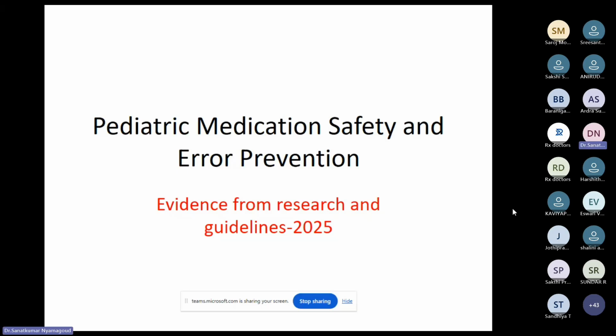Whatever I am presenting to you today is all about the evidence and research available till now in the national guidelines from all over the globe. The whole presentation covers the evidence available to us and the guidelines available throughout the world regarding pediatric medication safety as well as error identification and prevention.